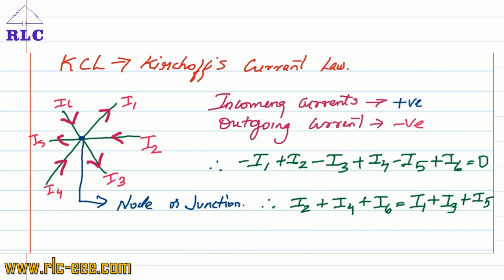What can we conclude from this expression? It can also be stated that the sum of incoming currents is equal to the sum of outgoing currents. I2, I4, I6 are incoming currents, equal to I1, I3, I5, the outgoing currents. Therefore, the sum of incoming current is equal to the sum of outgoing current.